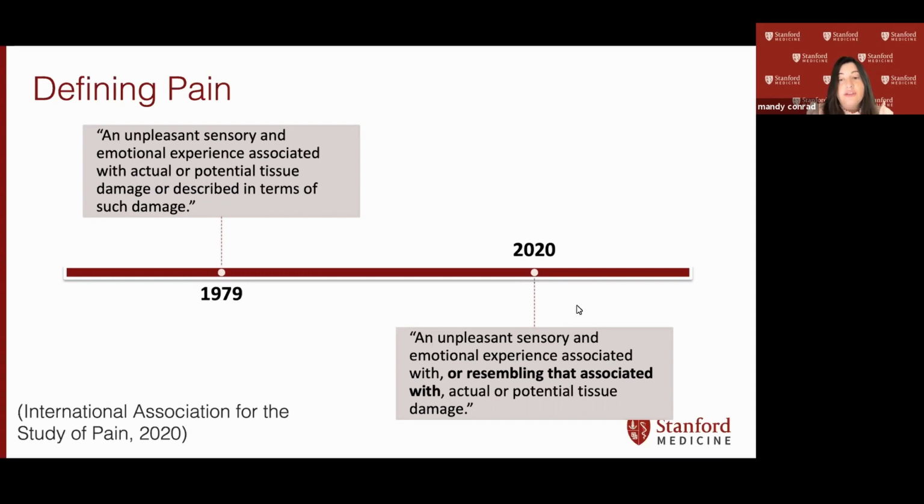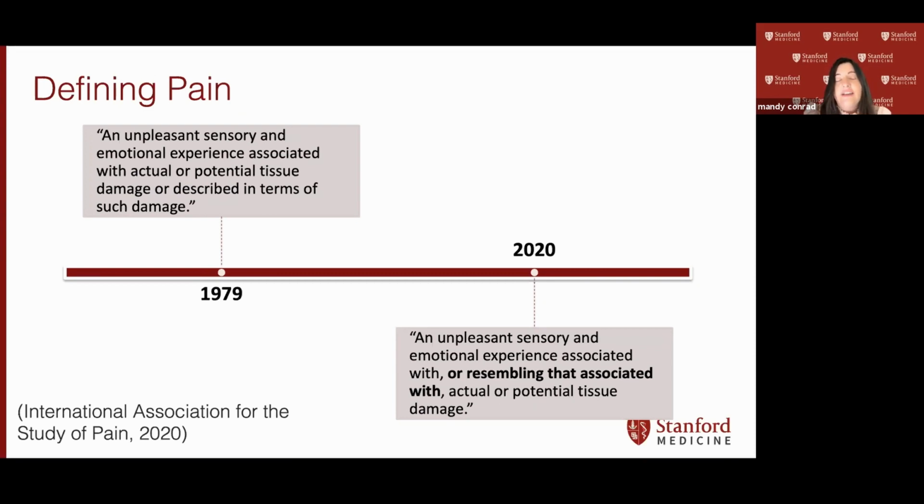With the new definition, there isn't a mention of described, because they are recognizing that sometimes if someone is living with pain, maybe they don't express it, maybe they don't articulate it, maybe they don't verbalize it. They wanted it to be open to those who choose not to express it, or those who don't have the ability to express it verbally, such as infants, non-human animals, as well as people with different types of cognitive ability. So it was moving the emphasis away from having to have people articulate it verbally.